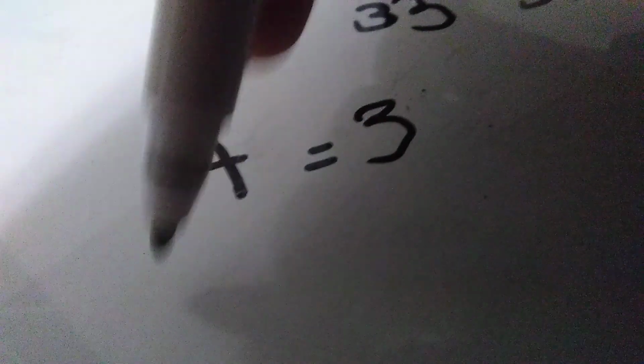Which means that if we have 3 A's, then A should equal 3. And since we have 2 B's, B should equal 2.